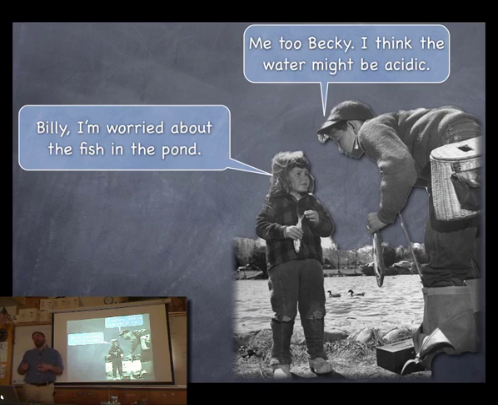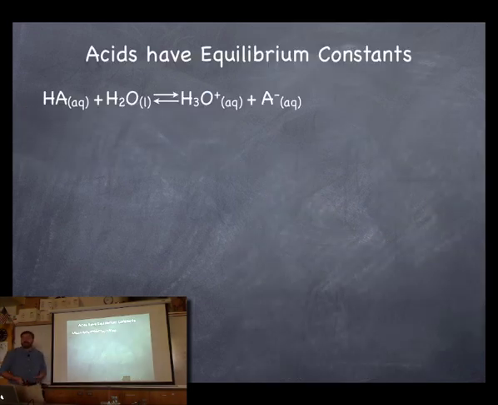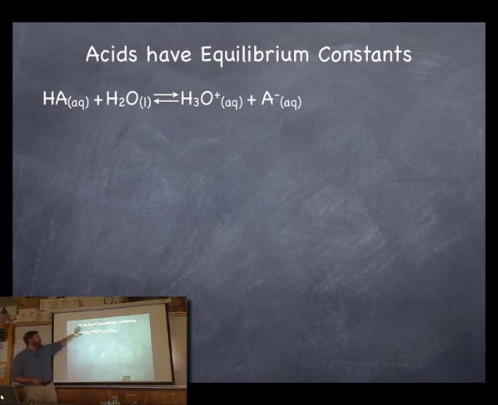But the big thing that we need to add to this idea is that we need to start to think about acids and bases and the way that they behave in water, because of the way that they dissolve, as really being equilibrium situations. If we have an acid, some generic acid, HA, dissolving or reacting with water, this is the acid basically dissolving into water to produce the hydronium ion and the conjugate base.